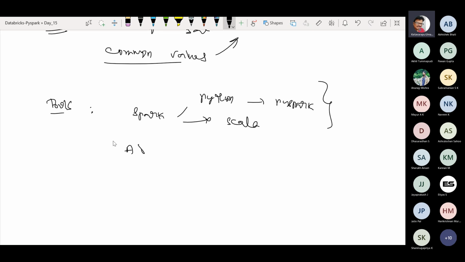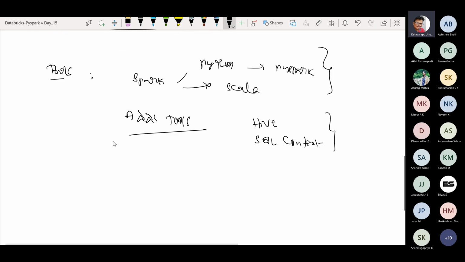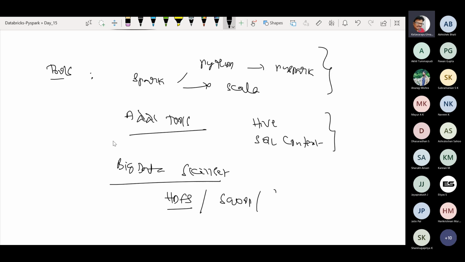And additional tools you need to work, okay, because like Hive you can make use of, or SQL context you can make use of. At times, guys, there is a separate genre for the big data skill set also. Maybe the members have the idea of HDFS, maybe they have Scoop or Flume, okay, and as well as some Kafka, these things.